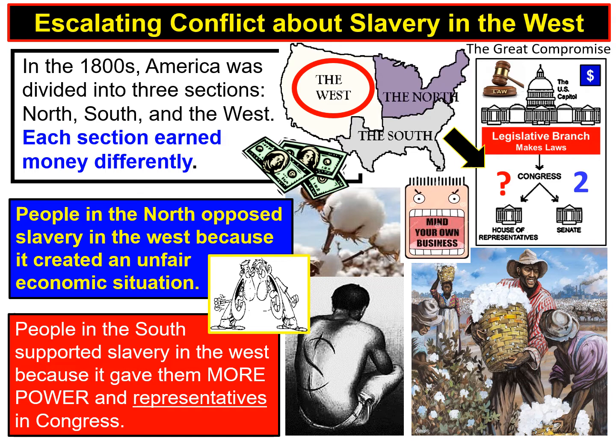Now, if you go back to Unit 5, you may remember something called the Great Compromise and the Three-Fifths Compromise. It is how our House of Representatives and our Senate are set up. The more people you have, the more representatives you get in the House of Representatives. And then once you become a state, you can have 2 senators for each state.